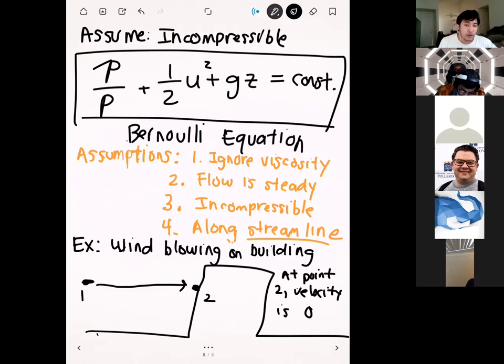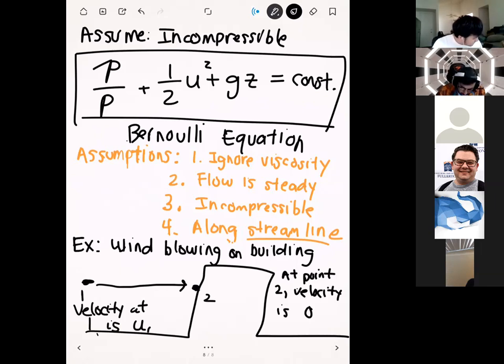So at point 2, the velocity is going to be 0, and the velocity at point 1 is u1.